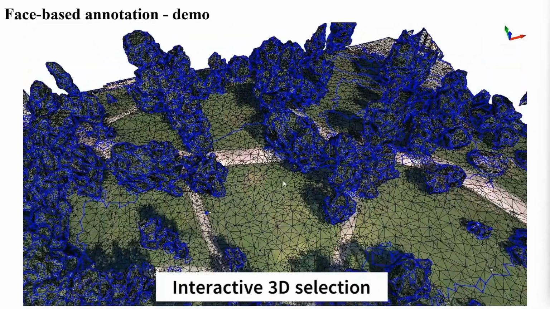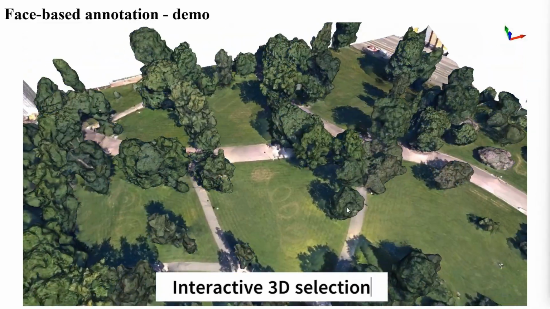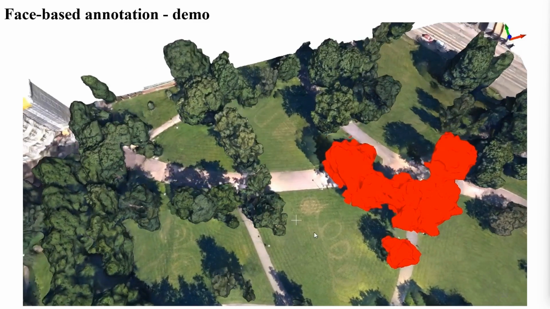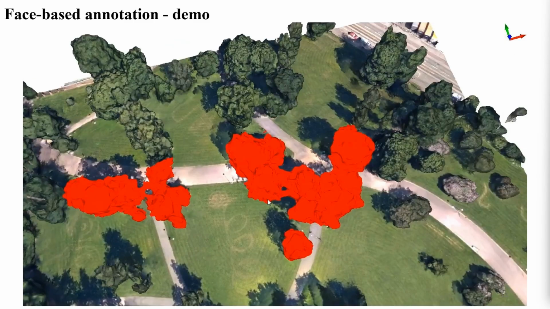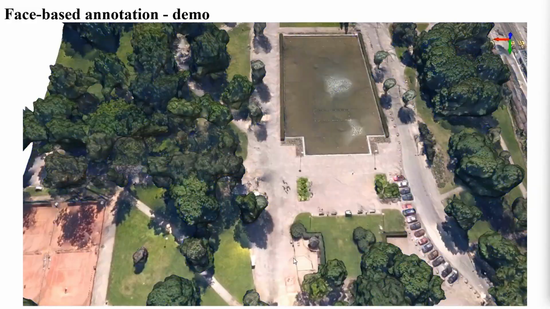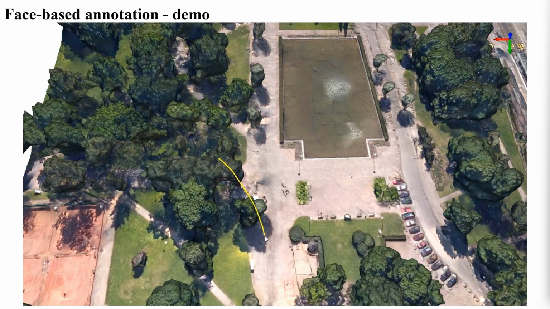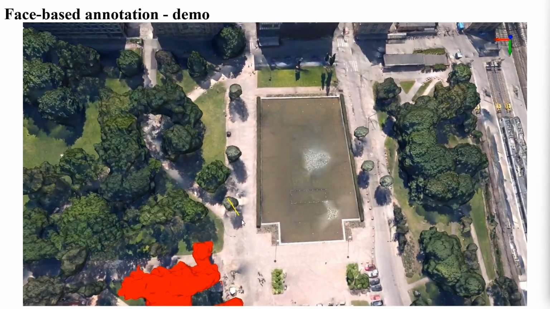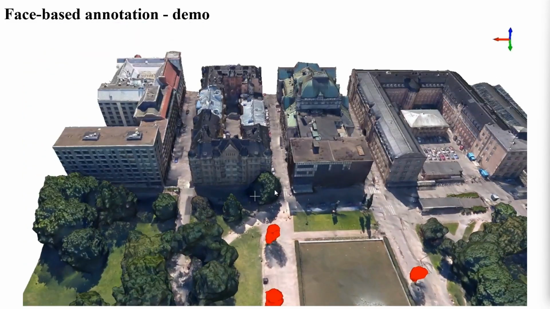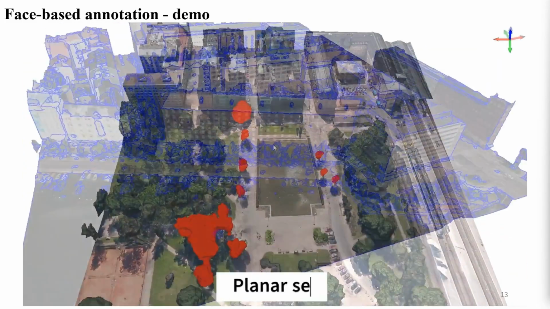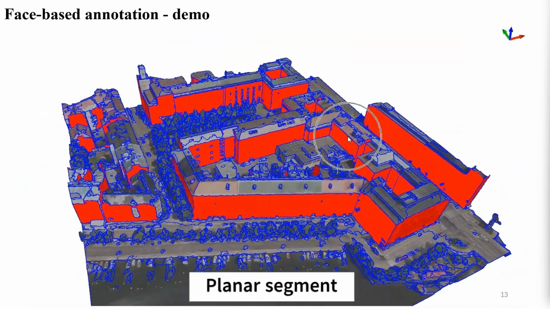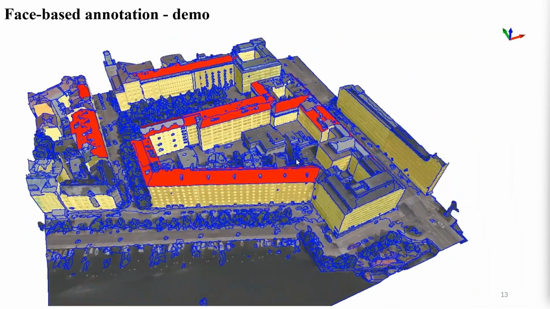We can also separate trees from large planar surfaces with a simple stroke. Our planar segment template matching helps us annotate man-made structures like roofs and facades more efficiently.